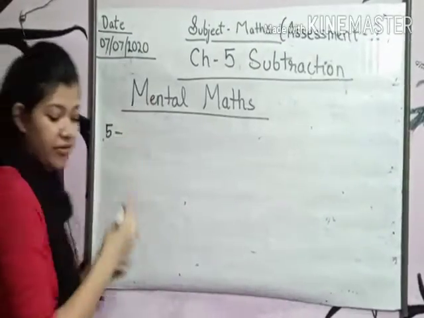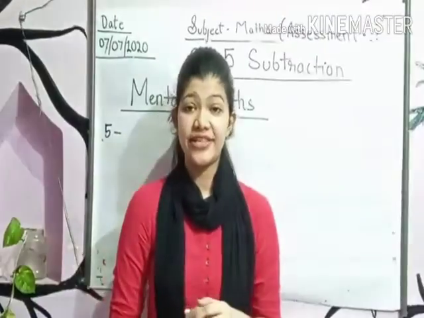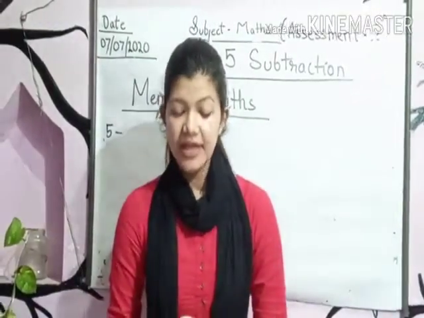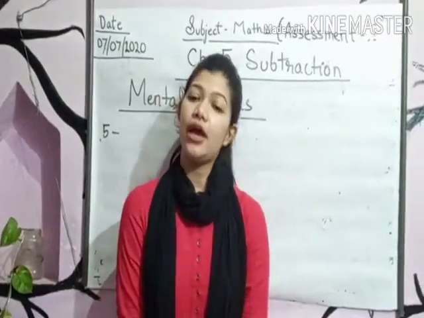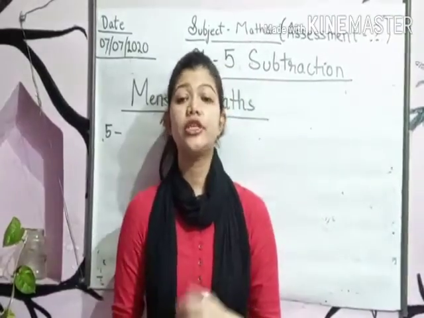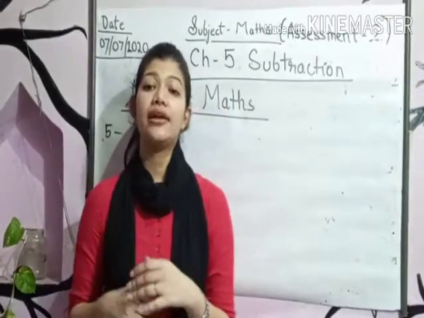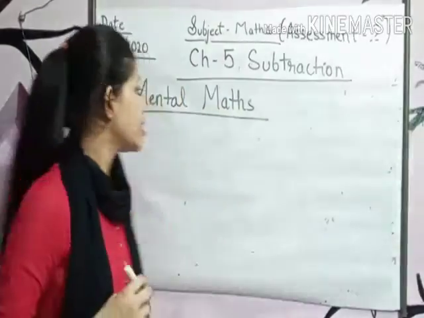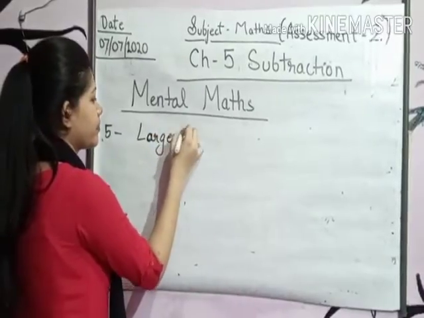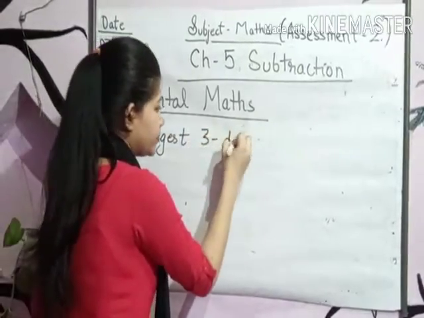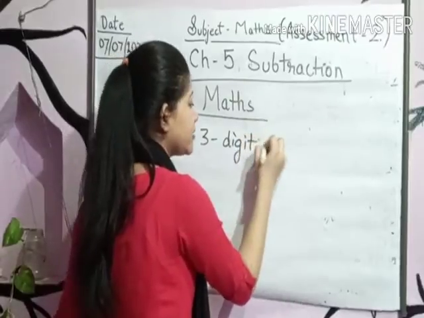See, question number 5. Find the difference between the smallest and the largest 3-digit number. Before solving this question, you should know what the smallest and largest 3-digit numbers are. So first we will write the largest 3-digit number. Can you tell me what is the largest 3-digit number?